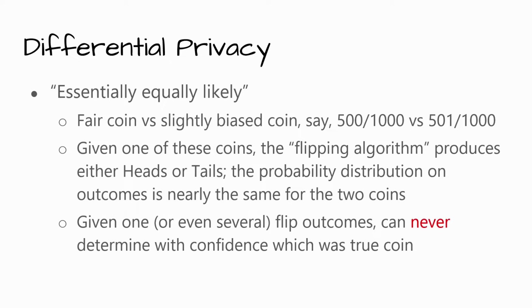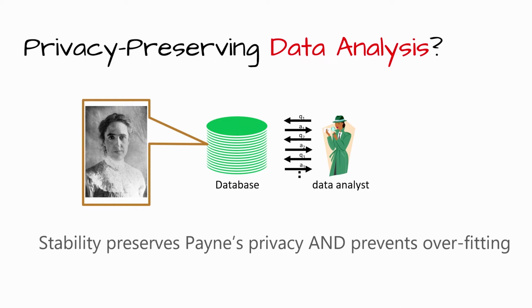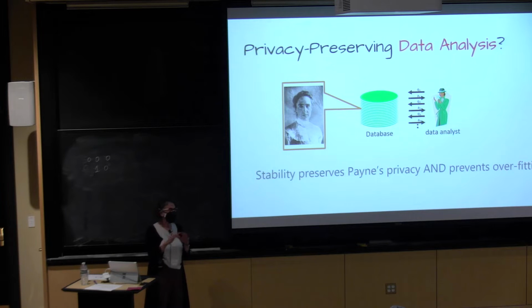So given one or even several flip outcomes, nobody can ever, with any decent amount of confidence, determine which of the two coins is being used. And that's the same thing that we're using in differential privacy. It's exactly analogous. So what I've been describing is a kind of stability condition. The distribution on outcomes is essentially the same, even if I perturb the data set a little bit.